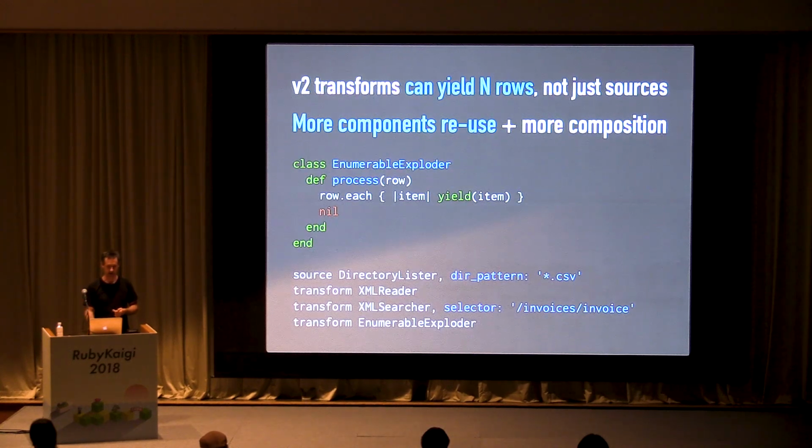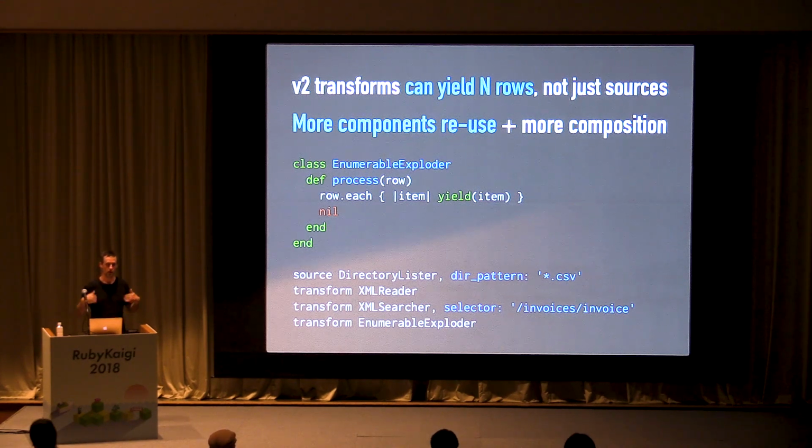So each transform can yield n rows, which means that I can write what is at the bottom, iterate, I have one thing which iterates over folders or over files, and then I can use the enumerable exploder at the bottom, which will receive the whole file as a row and explode it into n rows for each XML sub-element.